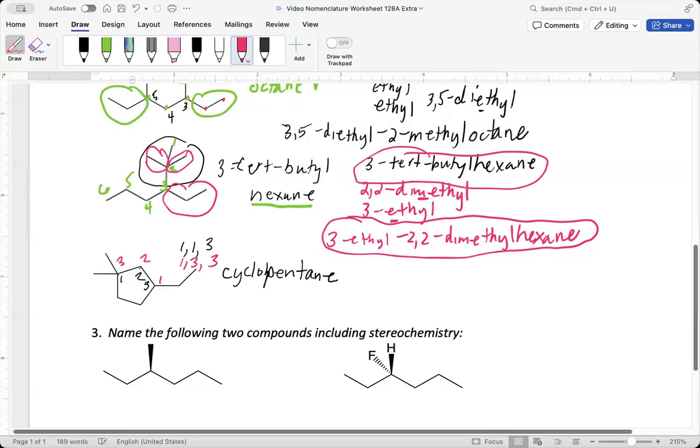So I want to make sure that I use the black colored route and I use 1, 1, 3. Okay, so my substituents at the 1 position, I have 1,1-dimethyl. And at the 3 position, I have an ethyl. Okay, so I'm going to put those in alphabetical order by the M and the E. So we've got 3-ethyl-1,1-dimethylcyclopentane.